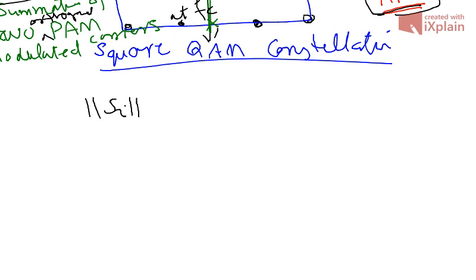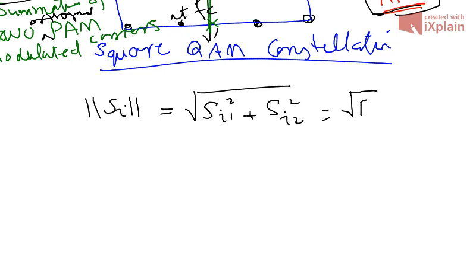You can easily verify that this is equal to s_i1 squared plus s_i2 squared. This is the energy of the signal, and this is the square root of the energy. So you have the energy of the signal as the sum of these two components.